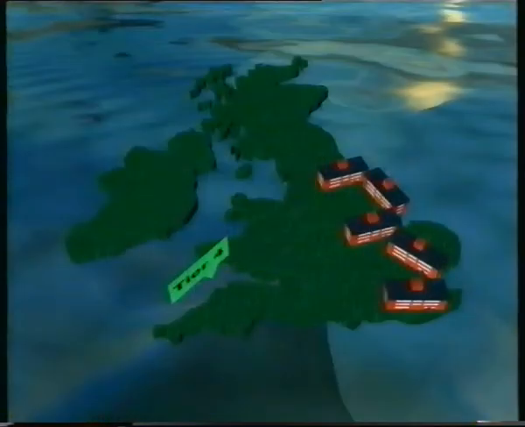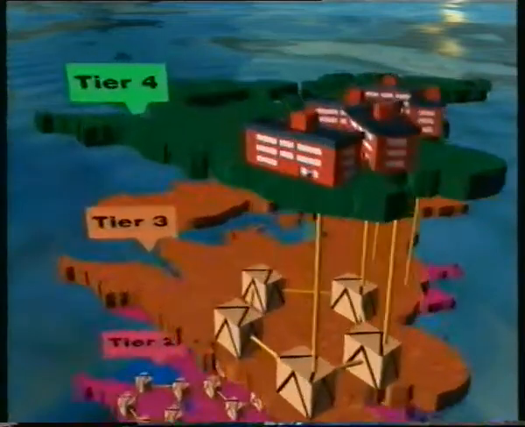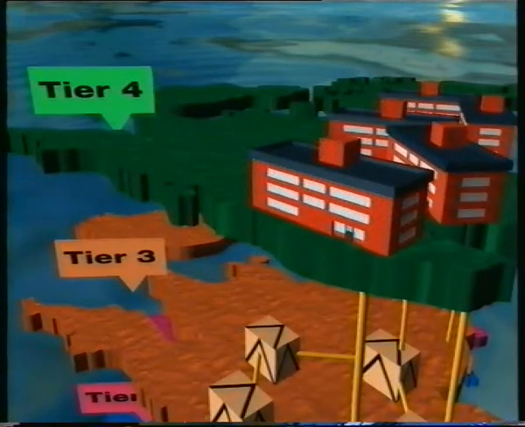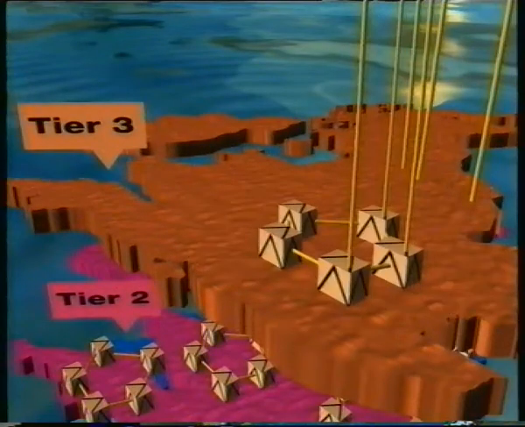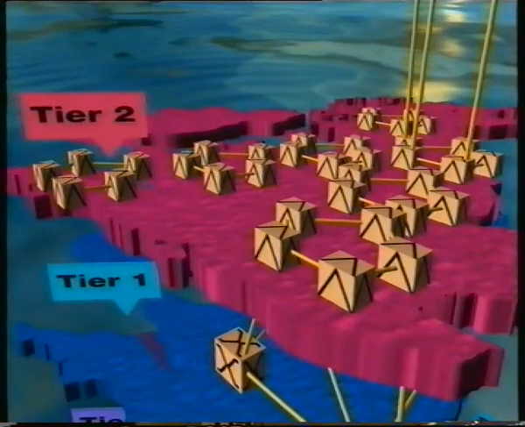Although the diagrams we've been looking at are a convenient way of looking at the network, the BT network is actually arranged in tiers. Tier 4 is the customer's premises. Tier 3 consists of nearly 300 local ADM rings. Tier 2 consists of approximately 160 regional ADM rings.